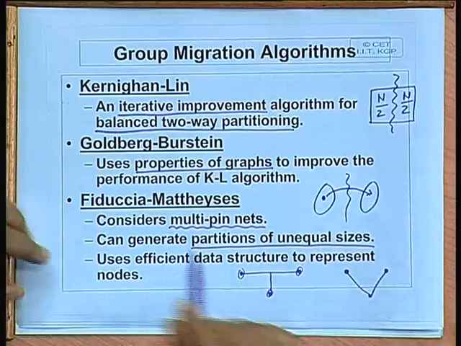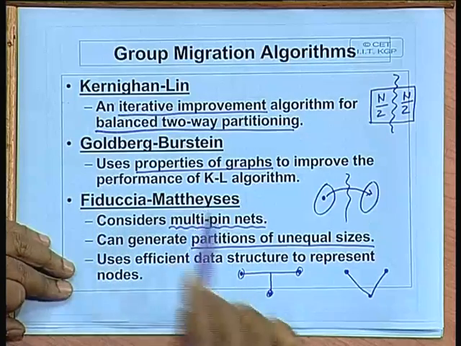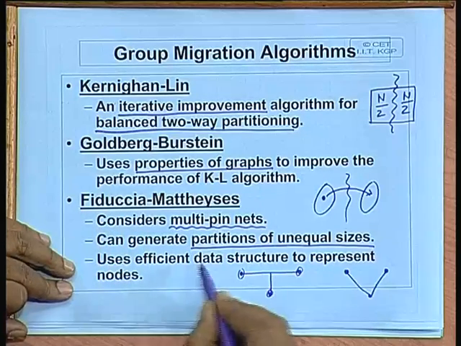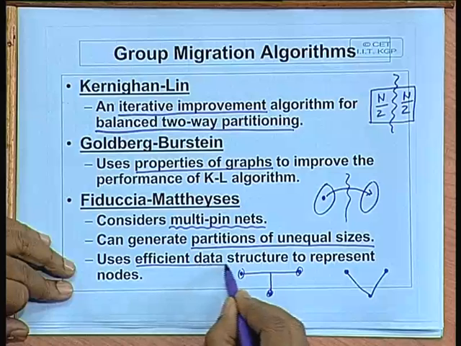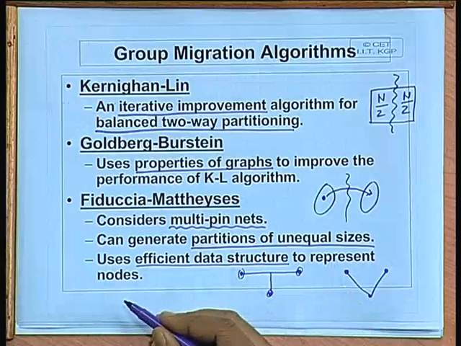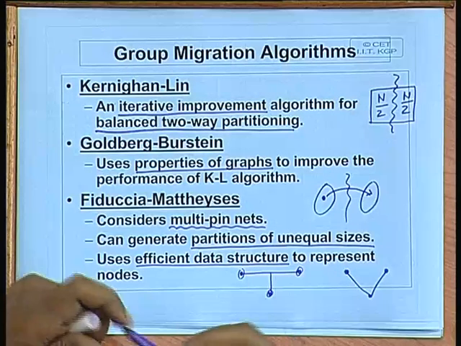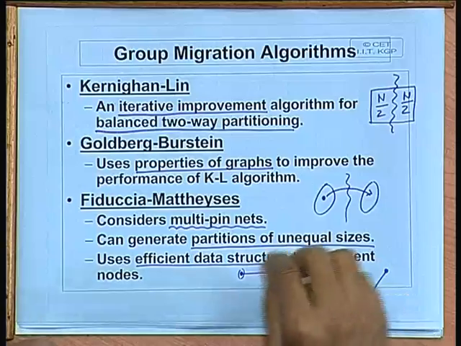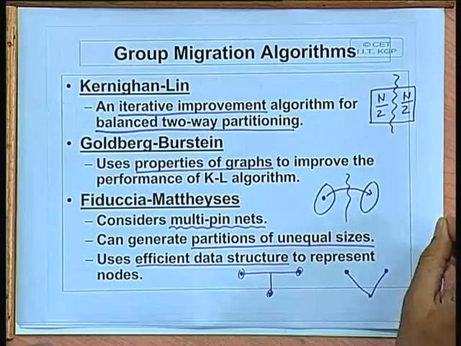Okay. One interesting part of the Fiduccia-Mattheyses algorithm is that it uses a very special and efficient data structure to represent the nodes, so that the search for the node whose movement or migration will give me the best benefit gets reduced. We basically do not have to search much. It maintains some kind of a priority list. The node on the top of that list is the one whose movement will give me the best benefit. So, it tries to maintain a list like that. Fine.